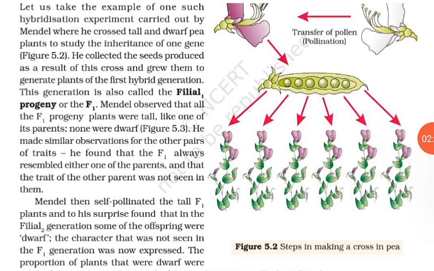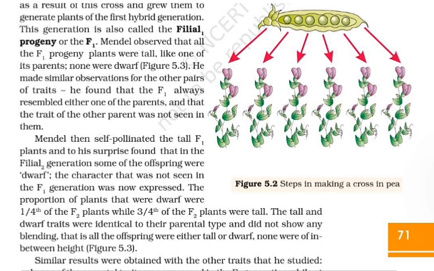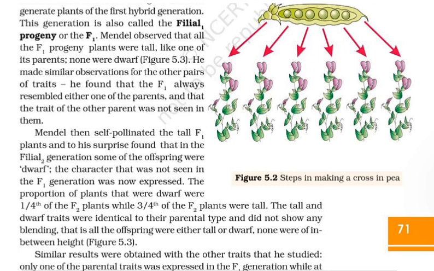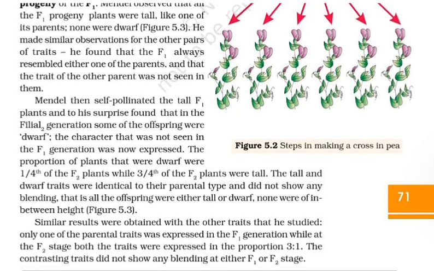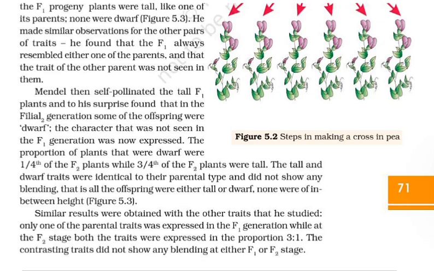The proportion of plants that were dwarf were 1/4 of the F2 plants, while 3/4 of the F2 plants were tall. The tall and dwarf traits were identical to their parental type and did not show any blending.